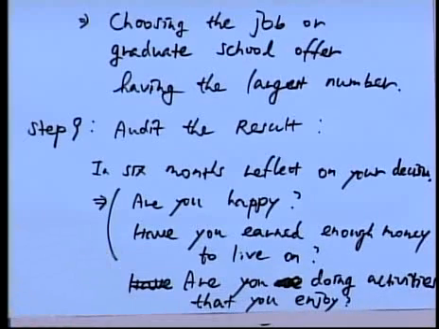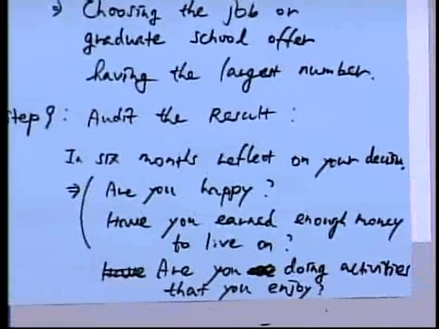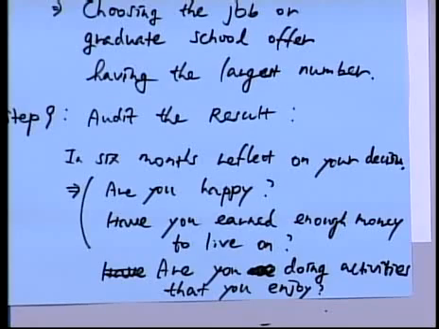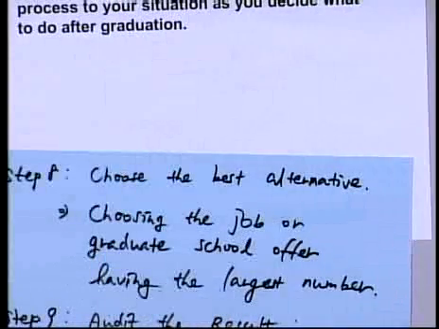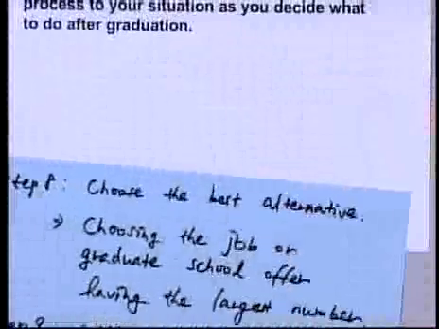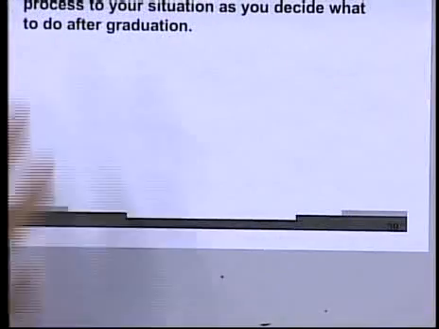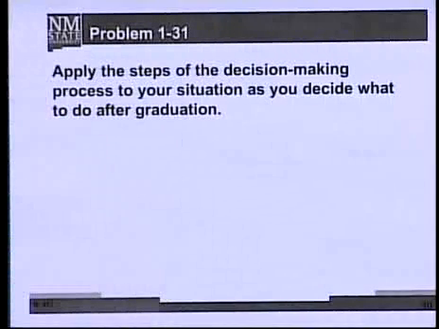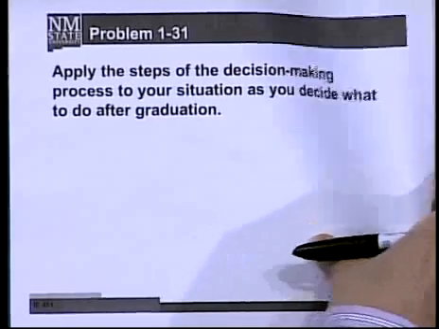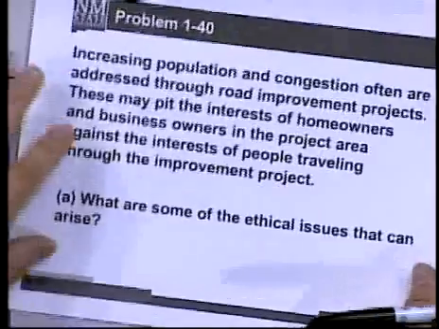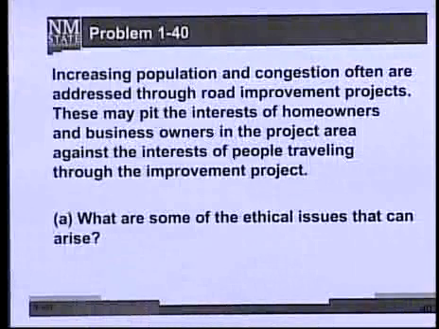Okay. So again, what I did for this question is one of the possible answers. Many of you might have different answers depending upon your own situation, right?